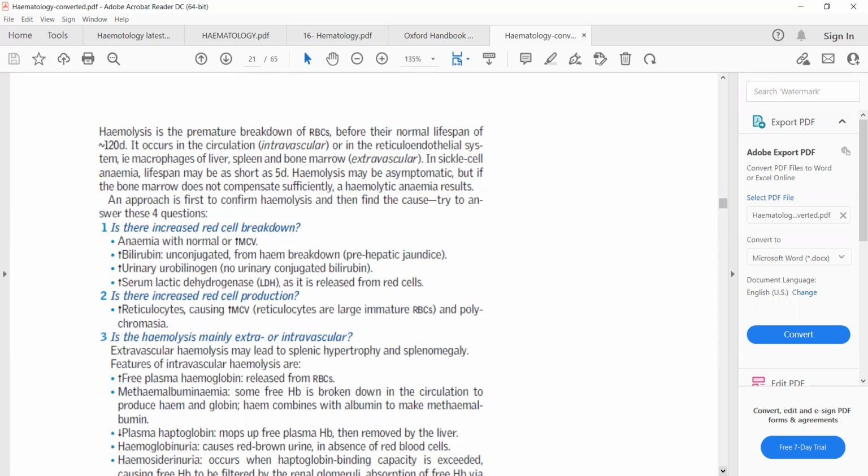So if there is a breakdown of RBC, what will happen? We all know that RBCs contain hemoglobin. And when there is breakdown of RBCs, hemoglobin will be released from the RBCs, and the heme part of this hemoglobin will be converted into bilirubin.